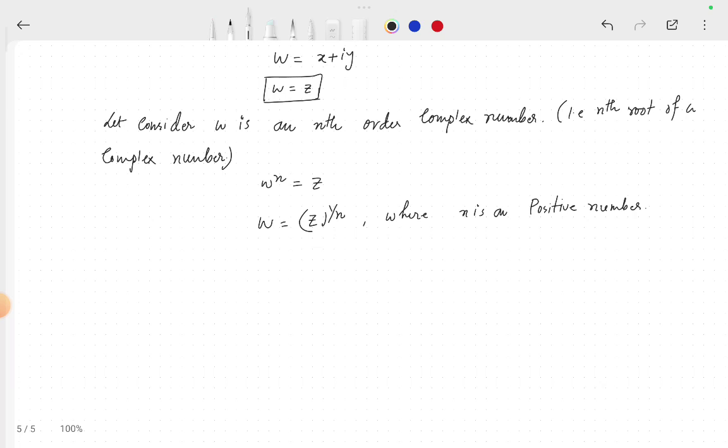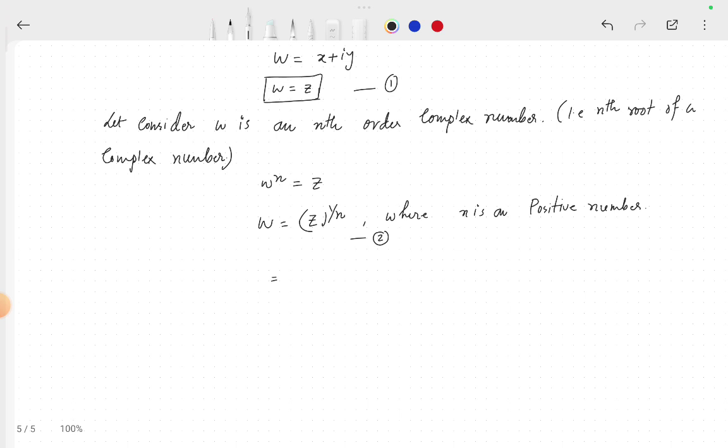So when a complex number has an nth root, it is written like that. This is equation number 1 and this is equation number 2. Let's find out how to write z to the power 1 by n. We know w equals z to the power 1 by n.